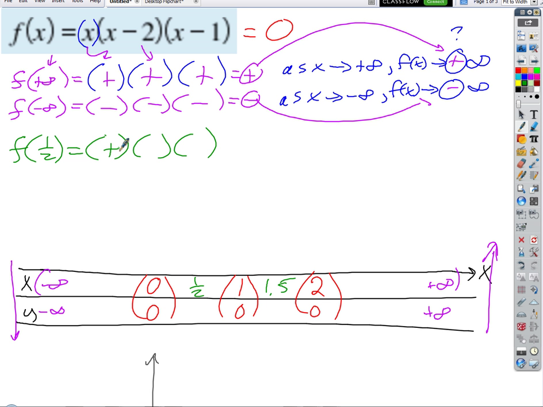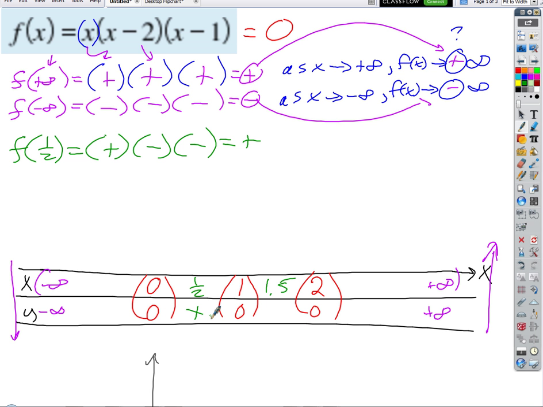Everybody agree 1/2 minus 2 is going to give me some negative number. 1/2 minus 1? Negative, isn't it? 0.5 minus 1 is going to be negative 0.5. I don't care what the value is. If I take 1/2 and subtract a bigger number from it, it's going to make it negative. So positive times negative is what?